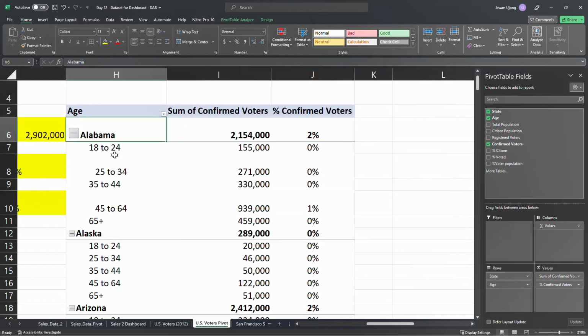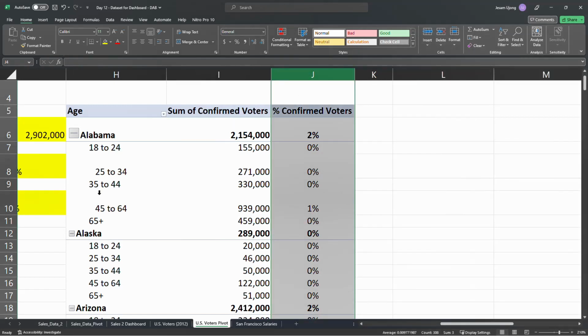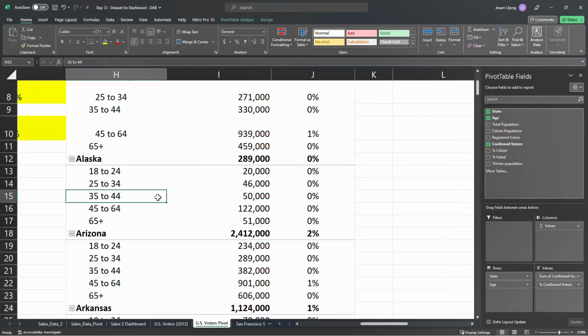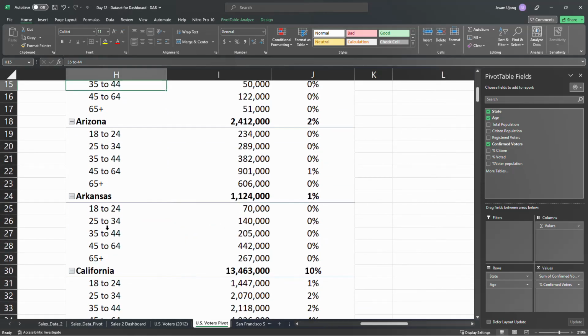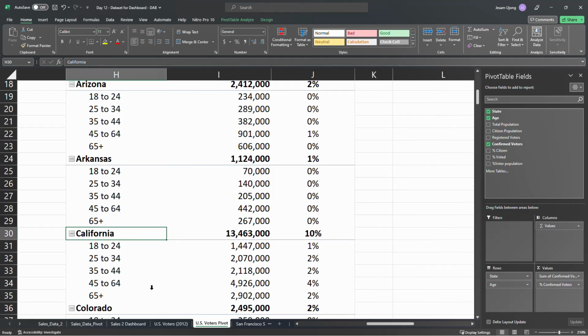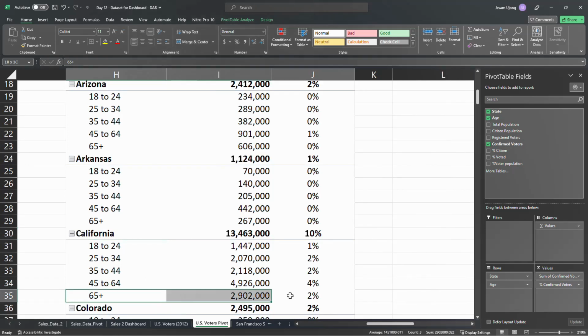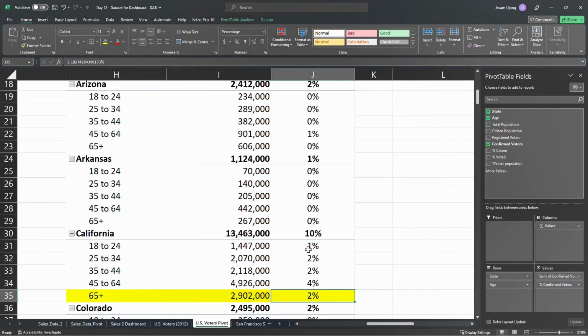So in Alabama, we see a breakdown of the different ages and their percentage contribution to the whole, since all the states are here. So we just simply go down to California and we look for our 65 plus guys and see the percentage.